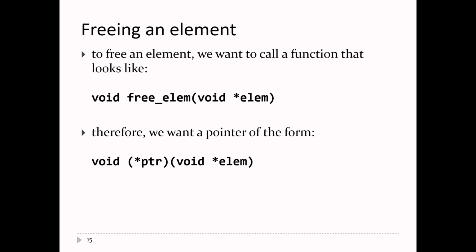To free an element, you want to call a function that looks like the following. Remember, our elements are represented as pointers to void. So to free an element, I need to call a function that takes in a void pointer to an element, and then frees that element. So you want a pointer of the form void, the return type, void star inside the round brackets, and some pointer name here.